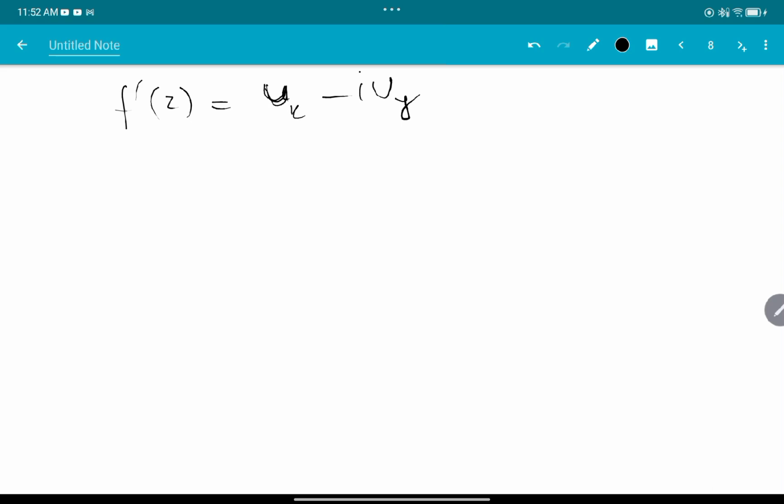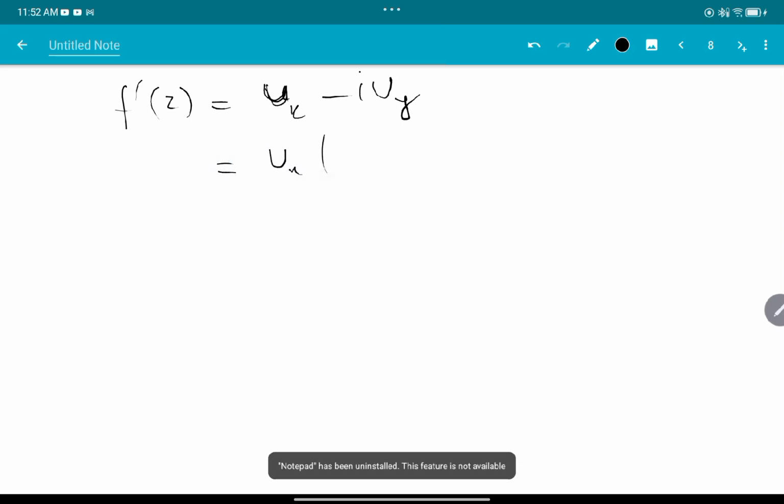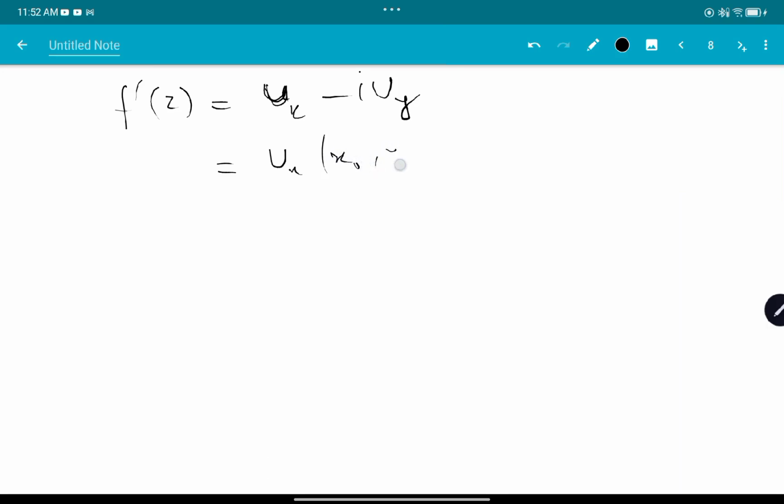This is evaluated at P0, that can be written as ux at x0, y0, minus i uy at x0, y0.